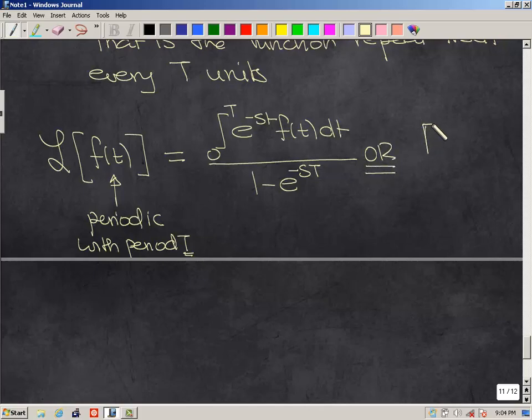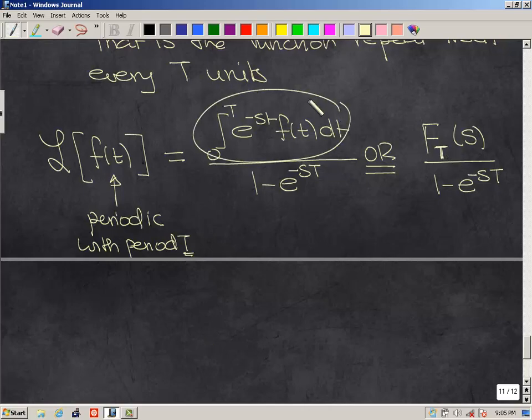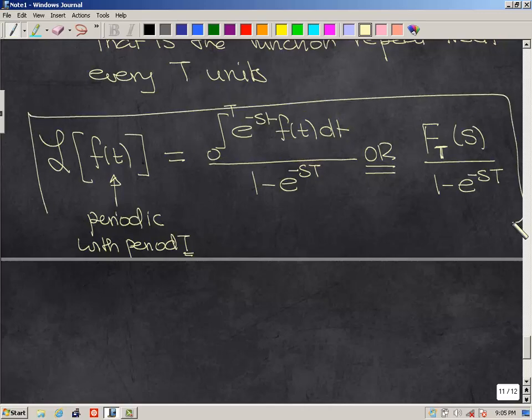We get the Laplace transform big F, I'll put a T there because that's of period T, of s divided by 1 minus e to the negative sT. So this is a little bit different. This is not the Laplace transform of little f, it's the Laplace transform of a periodic function. That's why we're using a capital T. So this is the formula and I'll show you how to use this.